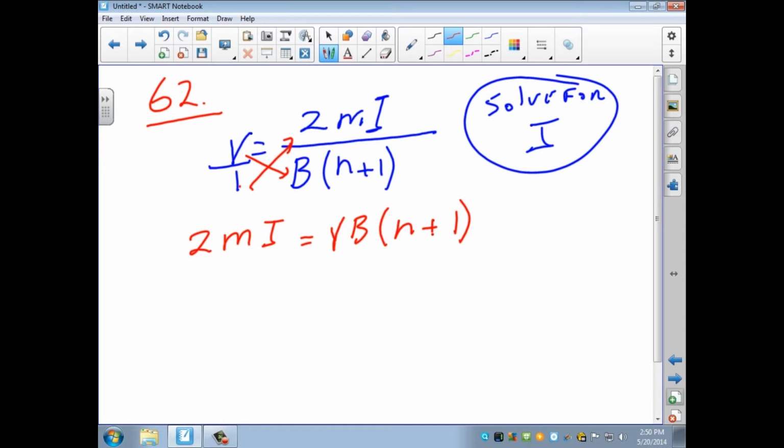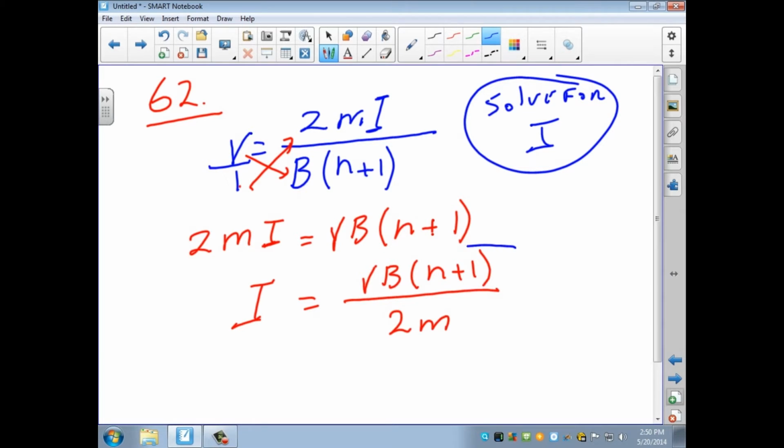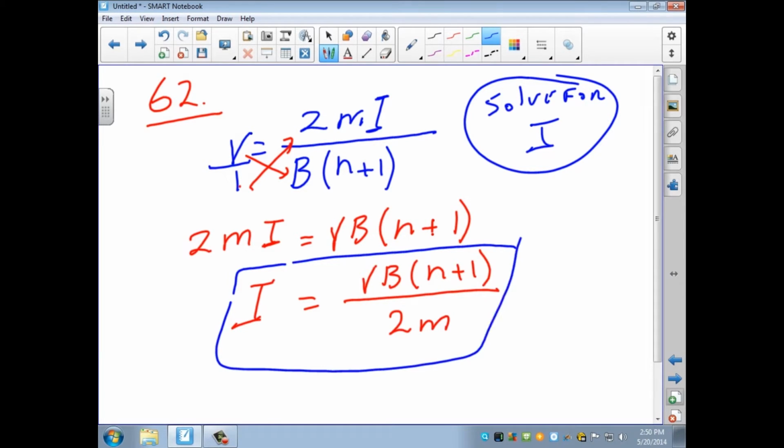Now since I'm solving for I, I have to have I on this side, so I divide everything by 2m. So it would be Rb times (n plus 1) divided by 2m. That is how you solve for one variable in terms of another variable.